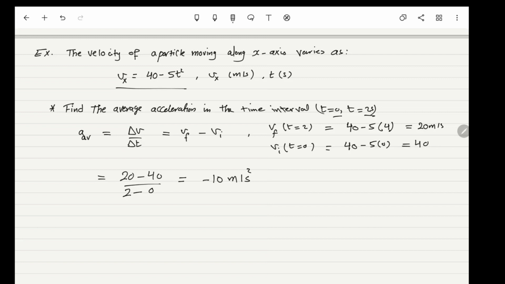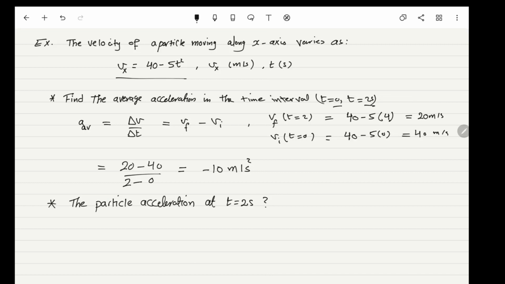Remember, the minus sign is because the object is decelerating and its velocity is decreasing, because the final velocity is 20 and the initial velocity is 40 meters per second. Now, what is the particle's acceleration at t equals 2 seconds?